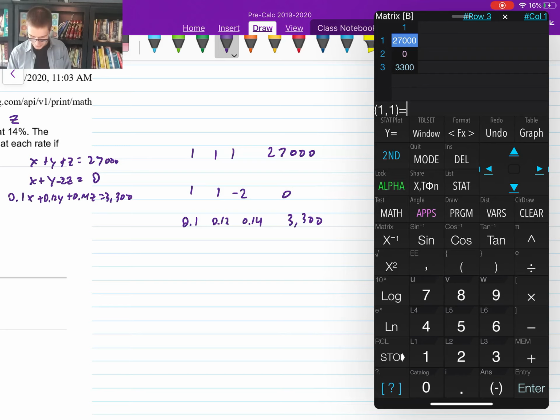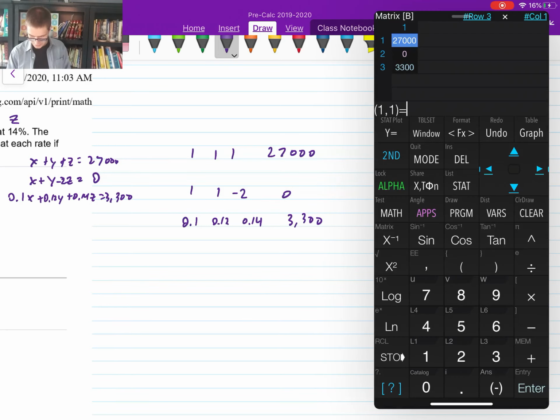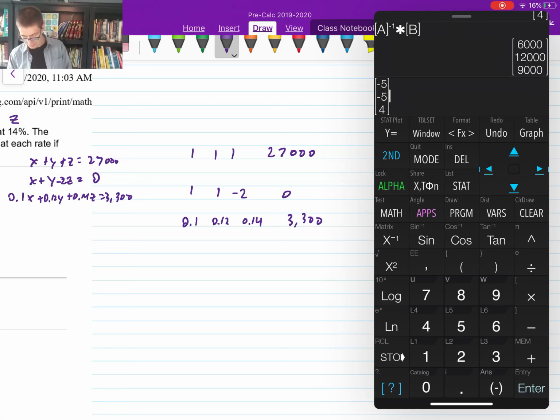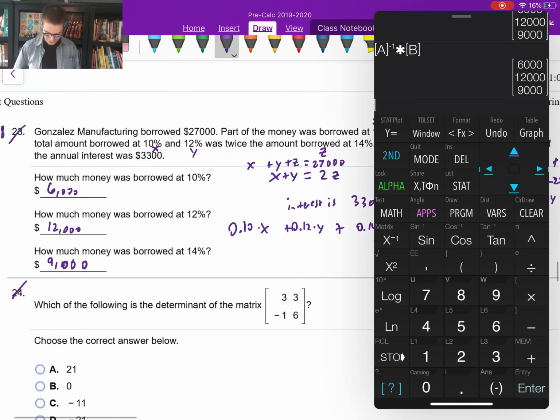After that, if you quit out and choose inverse of A times B, inverse matrix A times matrix B, then you will get 6,000, 12,000, and 9,000. And so those are our answers. You just go over here, and those are our answers.